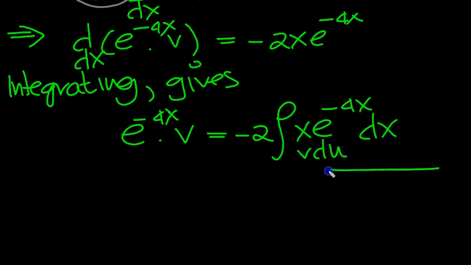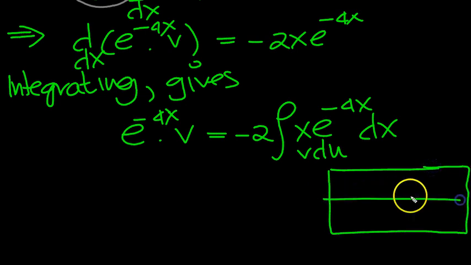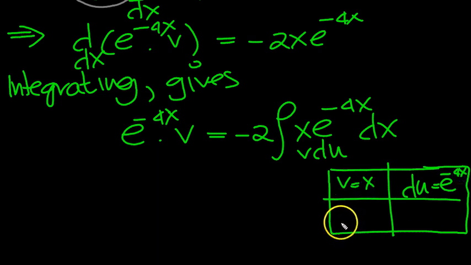So let's draw our grid and do that quite straightforwardly. So here u is x and dv is e to the minus 4x, so du will be 1, and v, this is a function of a function, so it's e to the minus 4x, and we need the minus 4 underneath, don't we? So there's all our constituent parts for the integration by parts to be done.